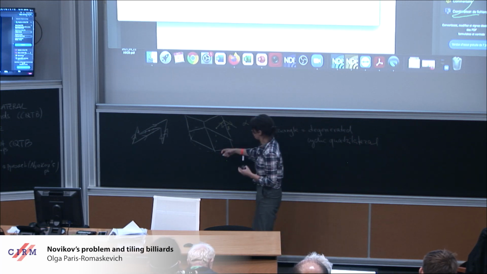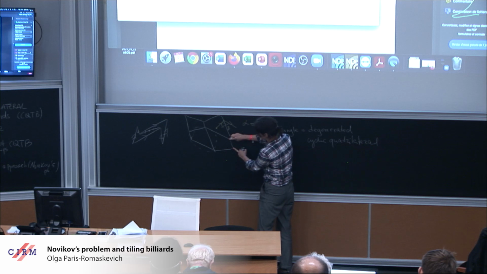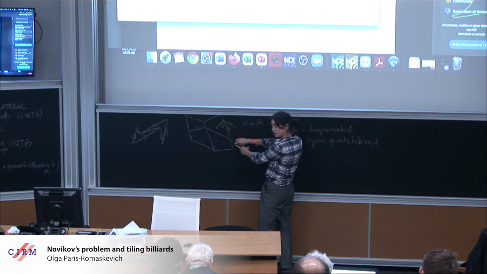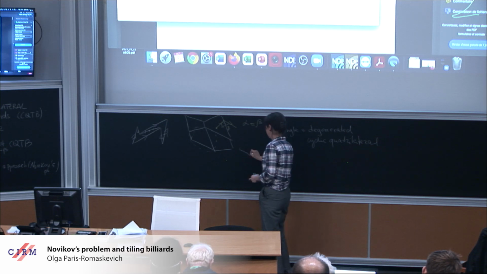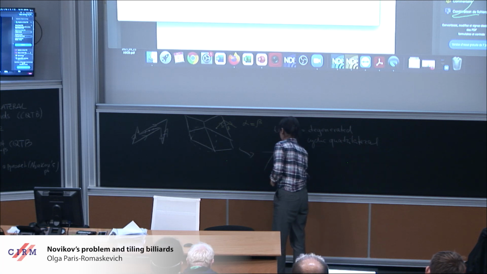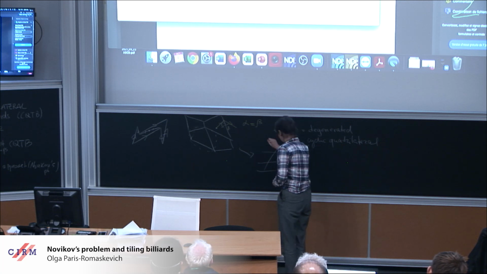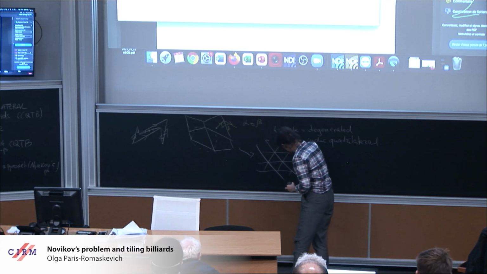And if you degenerate, if you approach these two vertices by making them stay on a circle, you will obtain a tiling by triangles. Such a tiling.